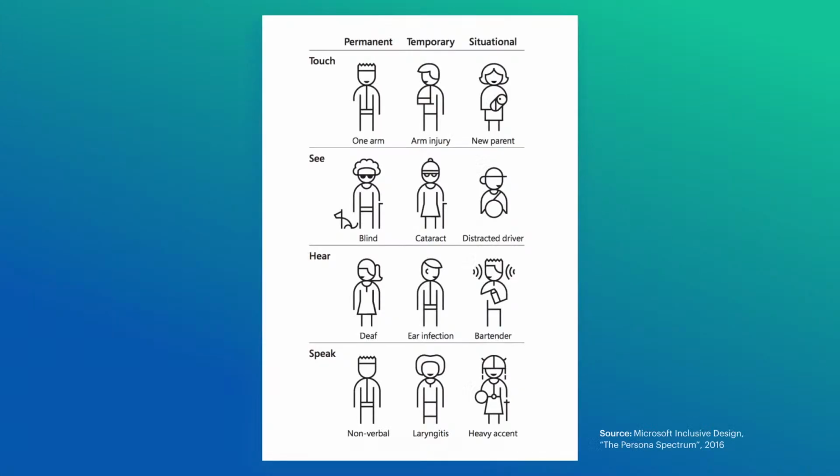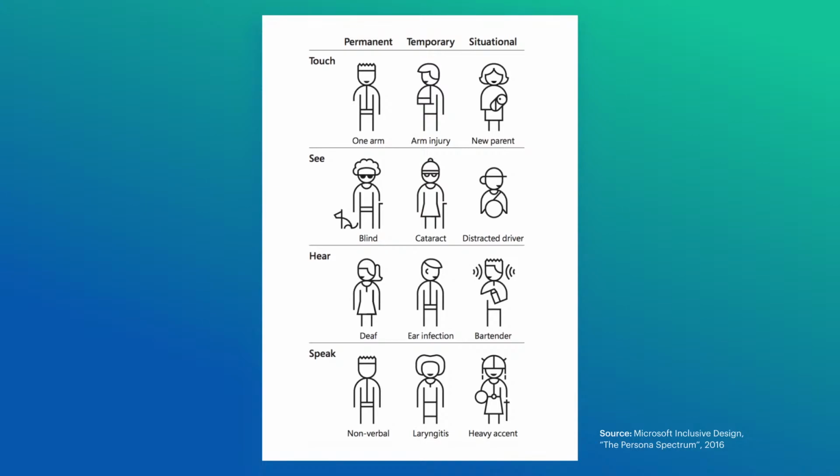Yeah. And so what this graphic really shows is that folks can be situationally disabled, right? Whether that's being a new parent and carrying their child, not being able to type with two fingers, being in a cast, or actually having a missing limb.